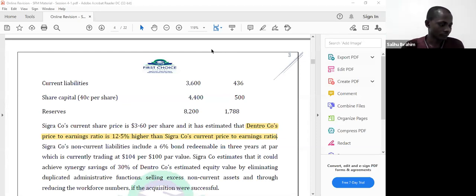So let us continue. The question says that the price earnings ratio of Dentroco is 12.5% higher than Sigraco's current price to earnings ratio, and I want to value Dentroco's share based on price earnings.